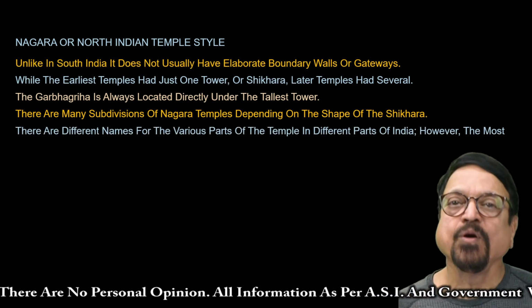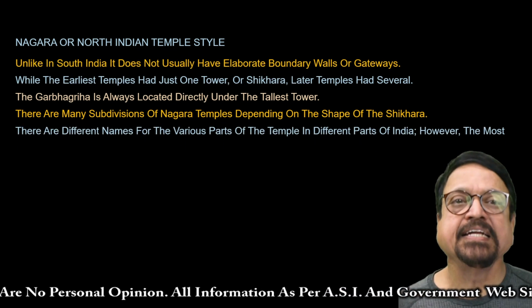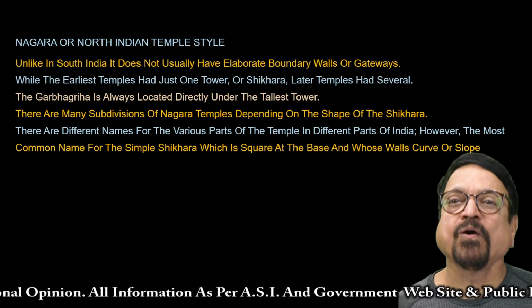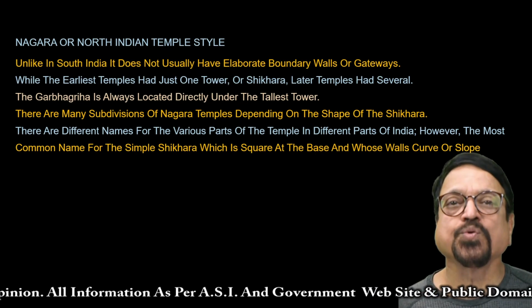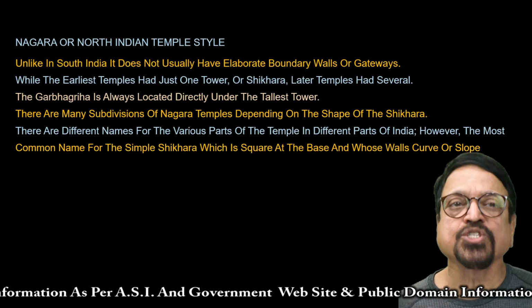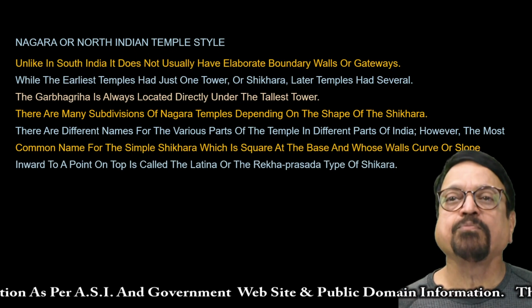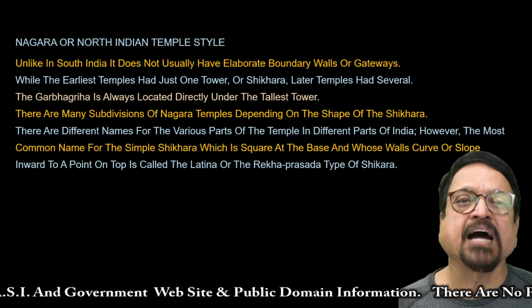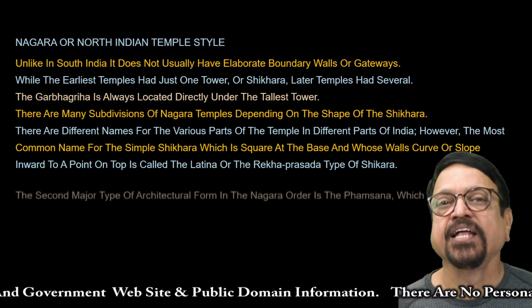There are different names for the various parts of the temple in different parts of India. However, the most common name for the simple Shikhara, which is square at the base and whose walls curve or slope towards a point on the top, is Latina or Rekha Prasada type of Shikhara.